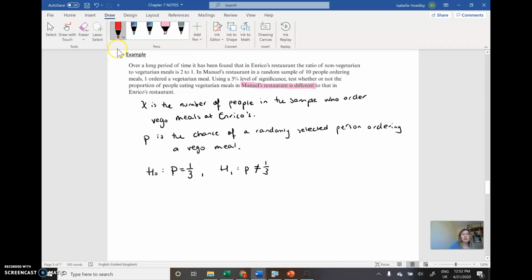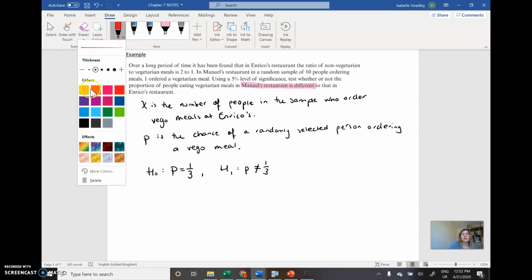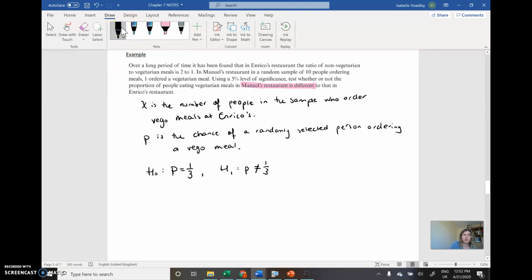Alrighty, so if we assume that our H0 is true, which we then will do, our model is that we've got a binomial. X is approximately binomial, with a sample size of 10.